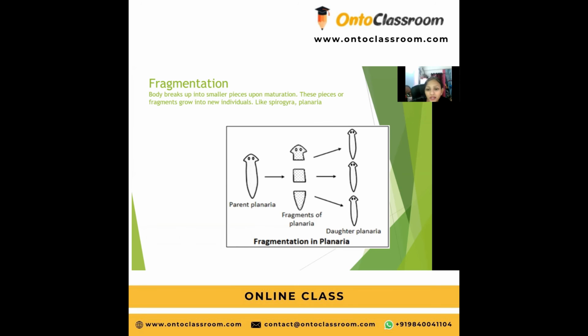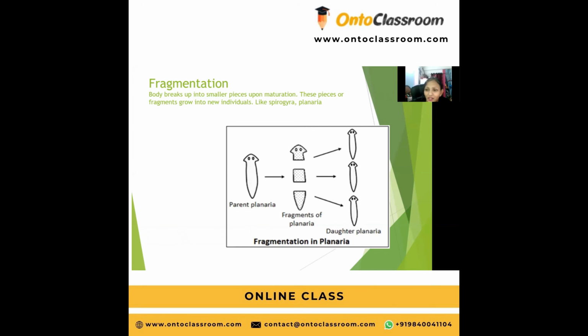When an organism becomes fully mature, it divides itself into different parts. Here you can see in the diagram, one body of the planaria divides into 3 parts, and each part of its body will fully develop into a full individual.